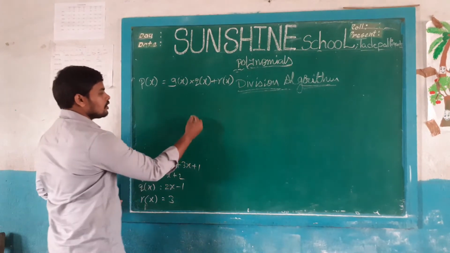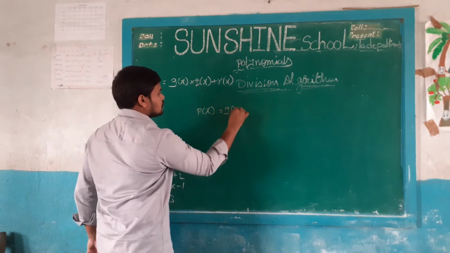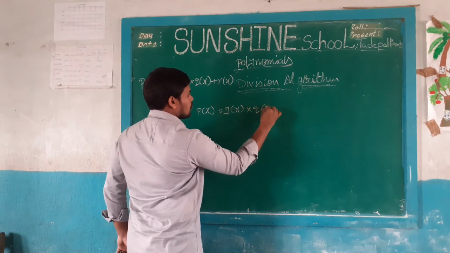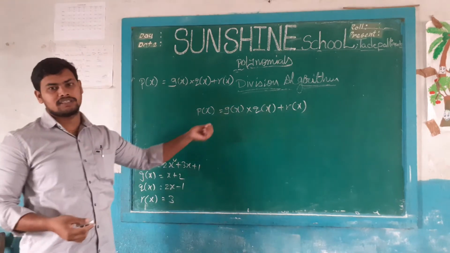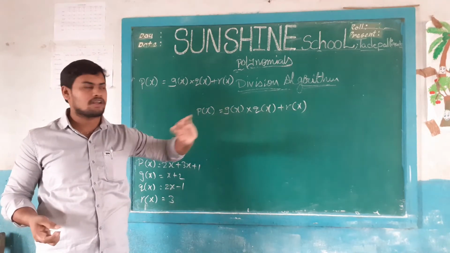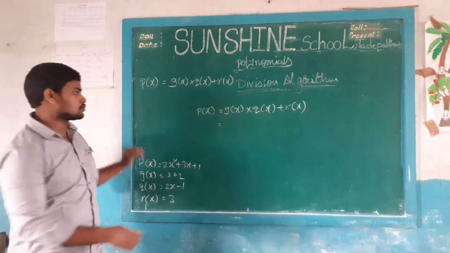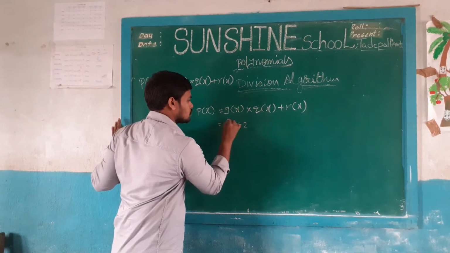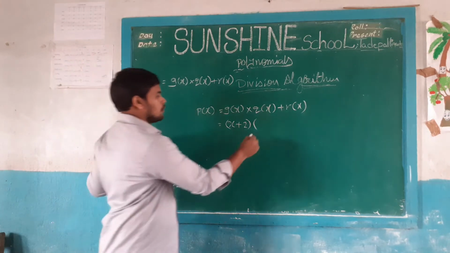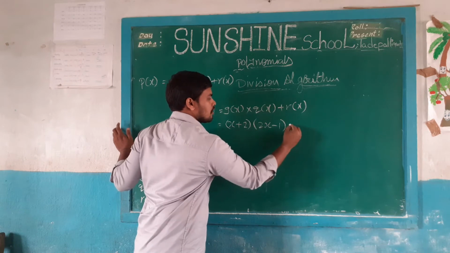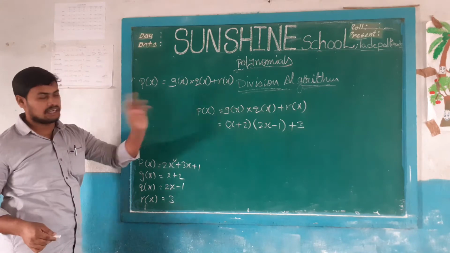Now, p of x equal to g of x into q of x plus r of x. What is the value of g of x? G of x value is x plus 2, into q of x value 2x minus 1, plus r of x value, which is 3.